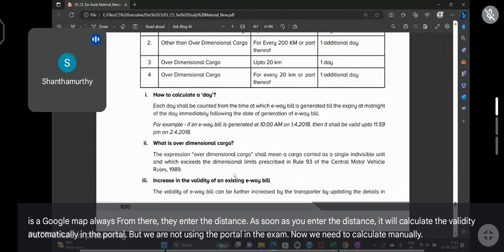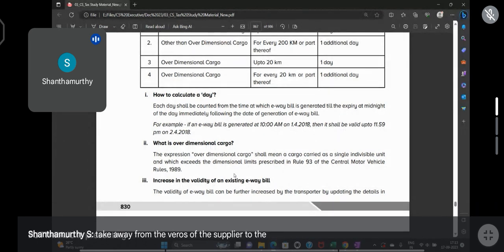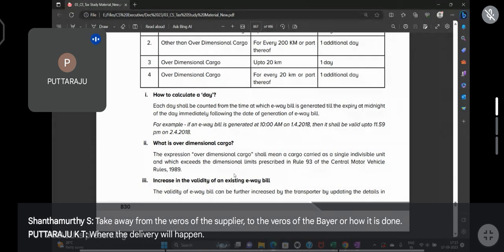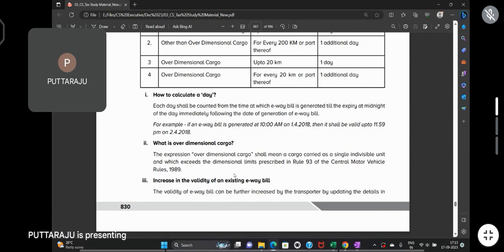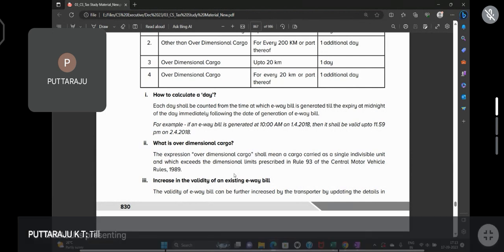So practically, is it from the warehouse of the supplier to the warehouse of the buyer? It is from your place to where the delivery will happen, till that place. You have to calculate the distance.